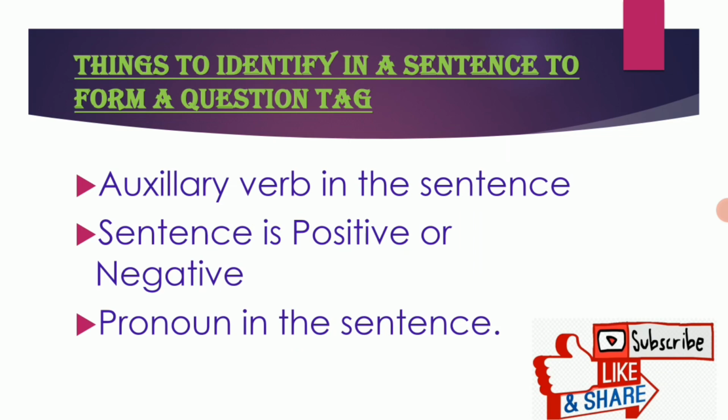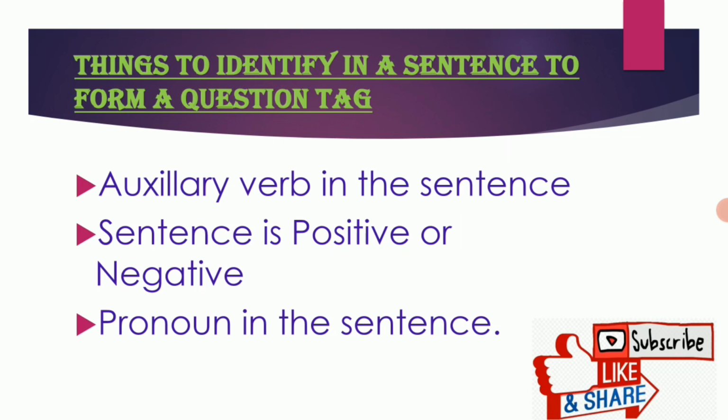The first one is, when you see a sentence for which you have to form the question tag, the first thing you have to find is the auxiliary verb in the sentence. Further in the video, we will see how auxiliary verbs work in a sentence, and how you can find the auxiliary verb.